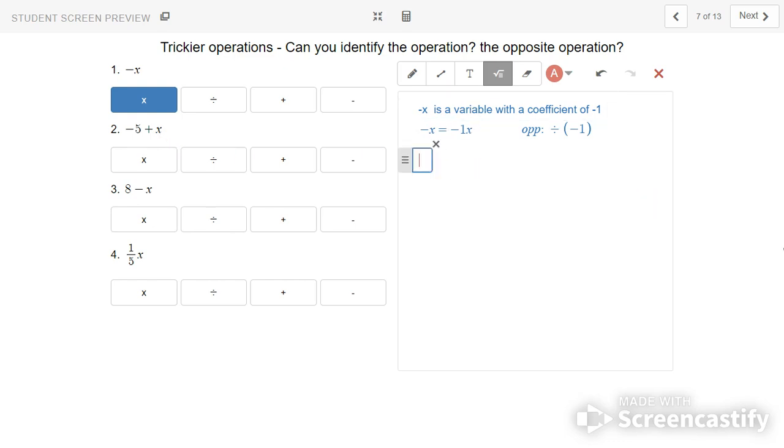Now, if we rewrote this equation, I would have x minus 5, because -5 plus x is equivalent to x minus 5. So what really went on here? The operation, we have x is being subtracted by 5. And so the opposite would be adding by 5.